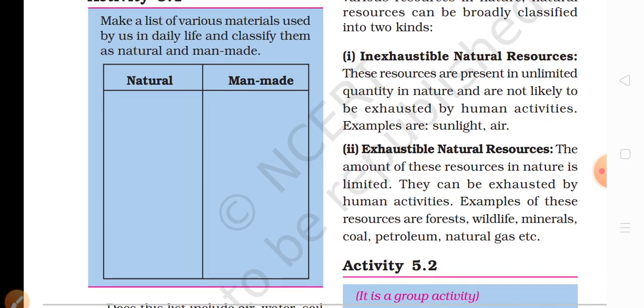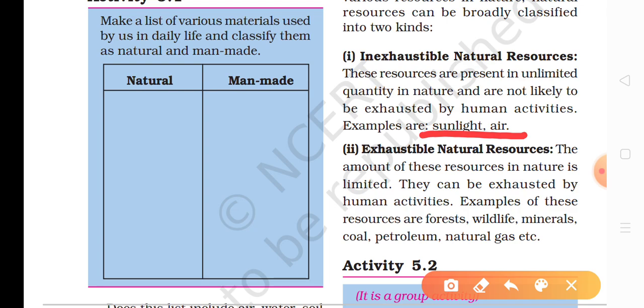So they are called inexhaustible natural resources. Examples of these natural resources are sunlight, air, then we can say water. Water is also an inexhaustible natural resource, but we should not waste water.